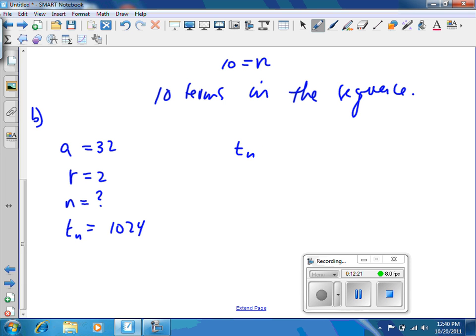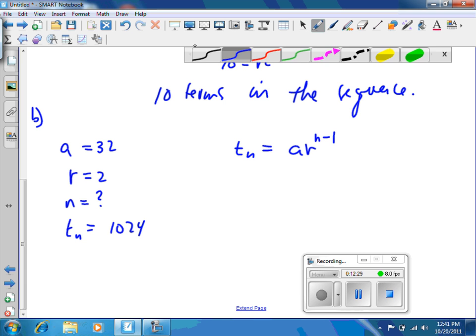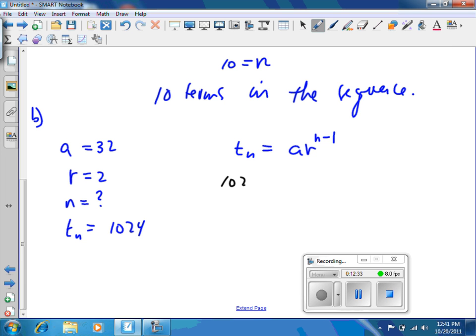Now we'll use our formula that we derived. The nth term in a geometric sequence is a r to the n minus 1. And we'll fill in all our information. So the nth term is 1024, a is 32, r is 2, and it's to the power of n minus 1. Again, isolate the power, divide both sides by 32.